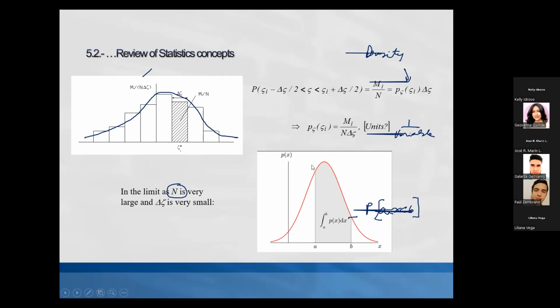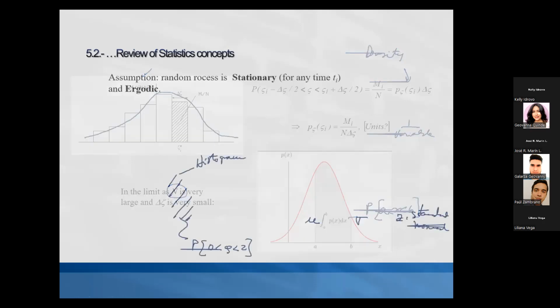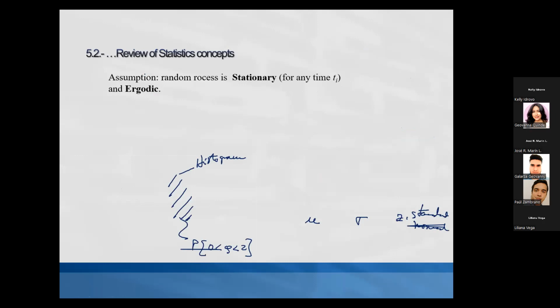And what we can assume is that this phenomenon follows a certain rule. And of course, you recall that the most common is the normal distribution.